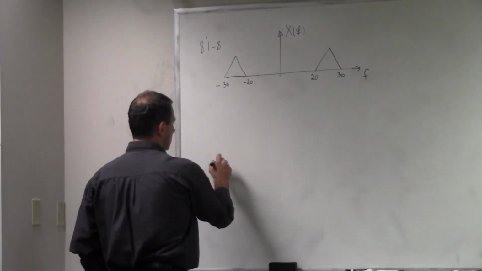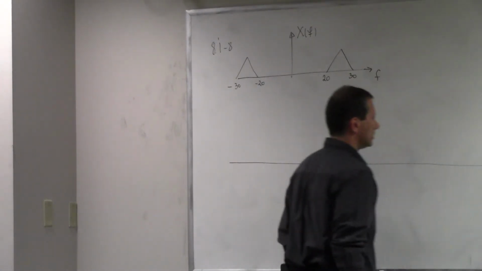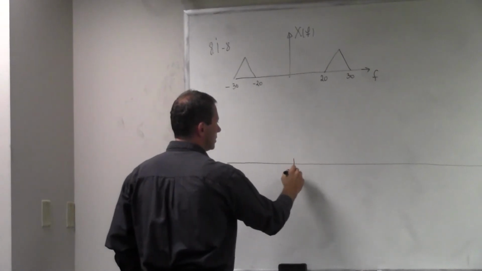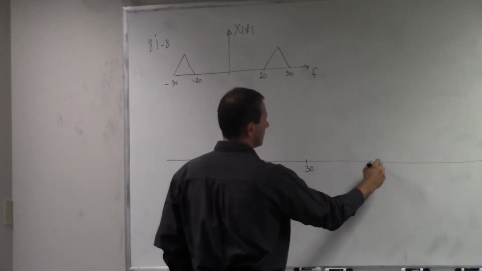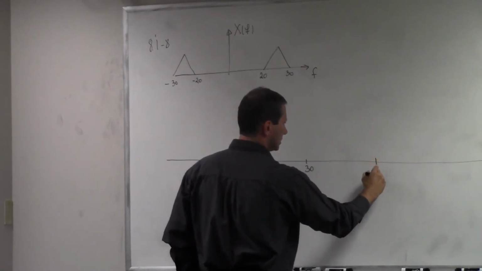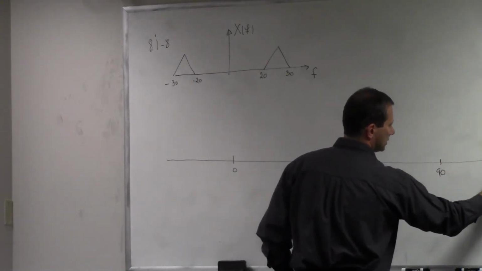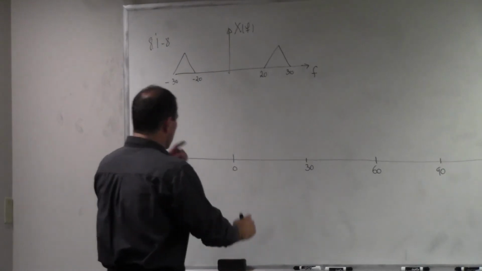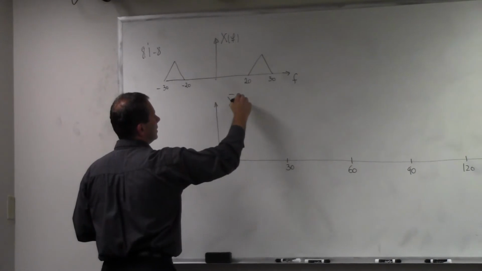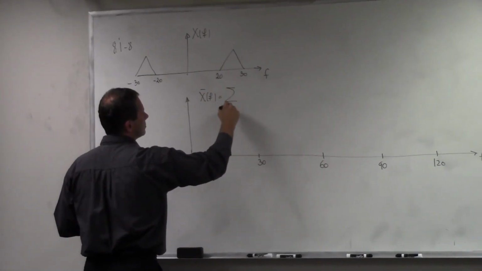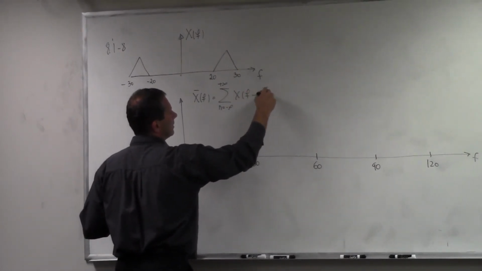So let's do that. Here I'm going to draw a larger x-axis. So here's 0, here's 30, we're sampling at 60, so this is 60, this is 90, this is 120. Remember the sampled signal, x hat of f, is going to be equal to the sum, when n goes from minus infinity to plus infinity, of x of f minus n fs.